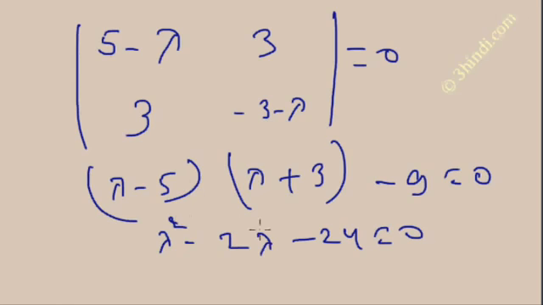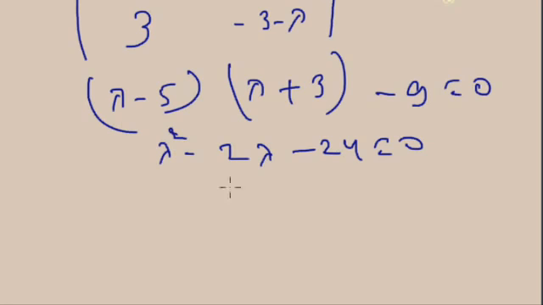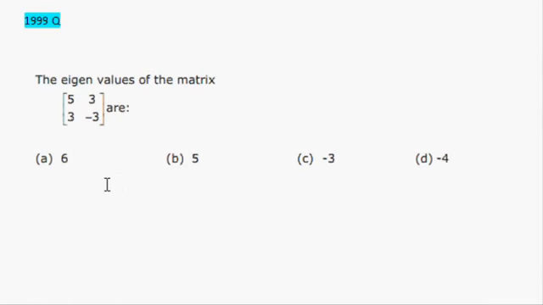When you expand this, it will come as lambda square minus 2 lambda minus 24 equal to 0, and you can expand it as minus 6 lambda plus 4 lambda, and you will get lambda minus 6 into lambda plus 4 is equal to 0. So lambda is equal to 6 and minus 4. So there are two eigenvalues, 6 and minus 4. So A and D is the solution.